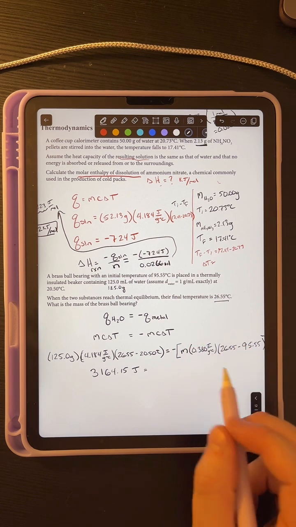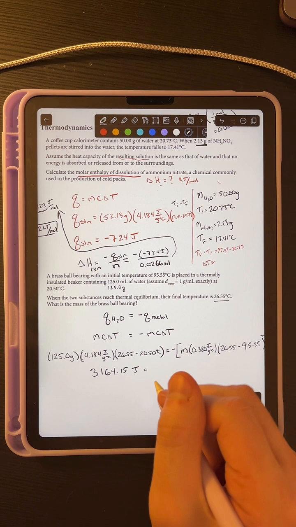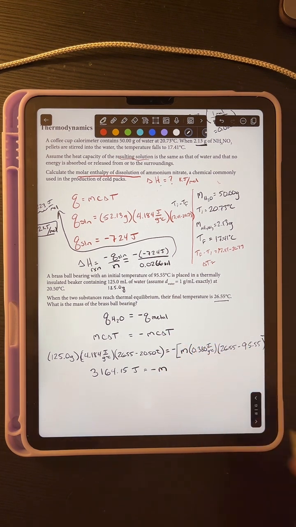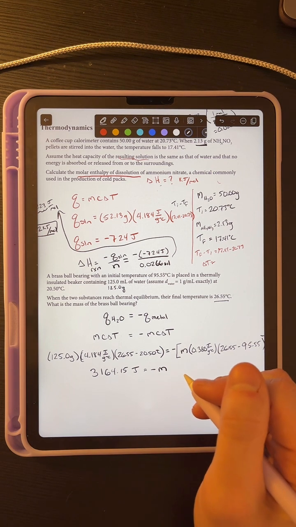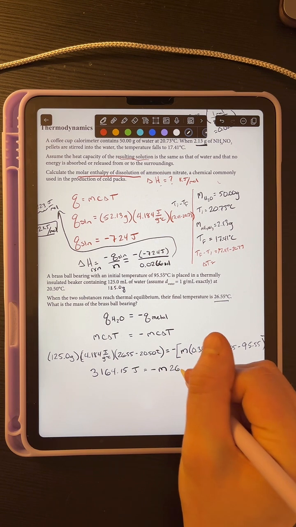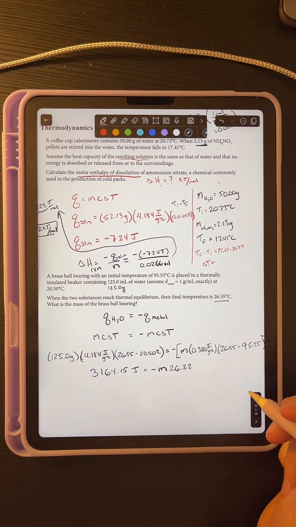And that's going to equal, if we were to do the subtraction here, we multiply it together, that would become negative m times 26.22. That doesn't seem right.